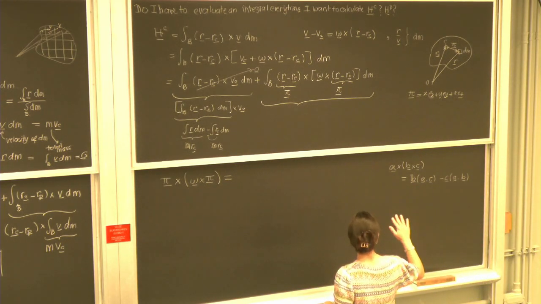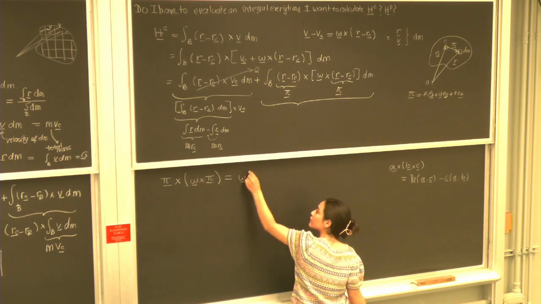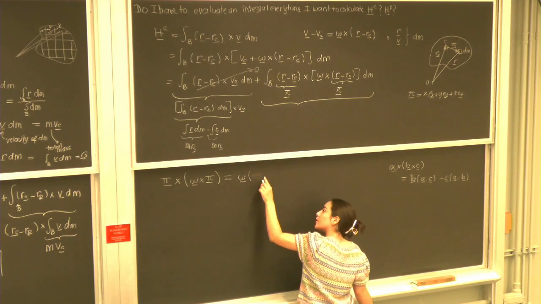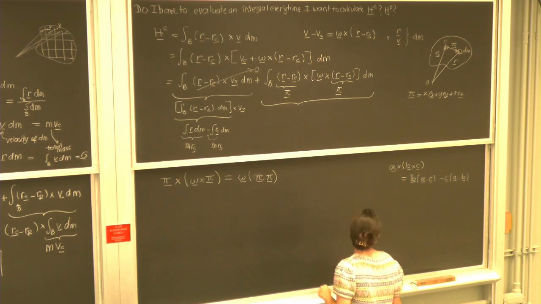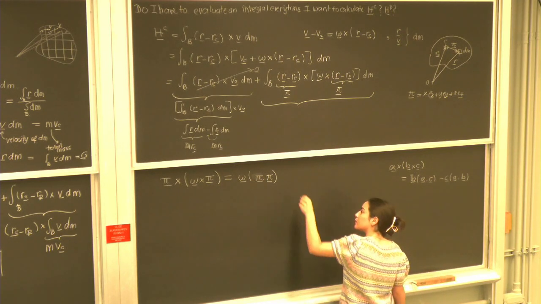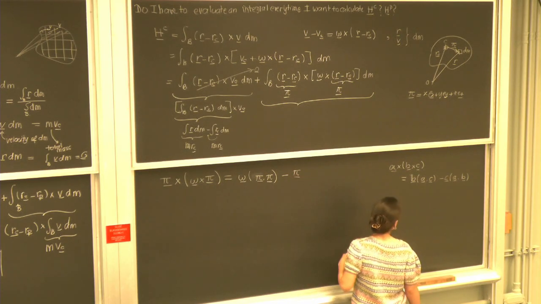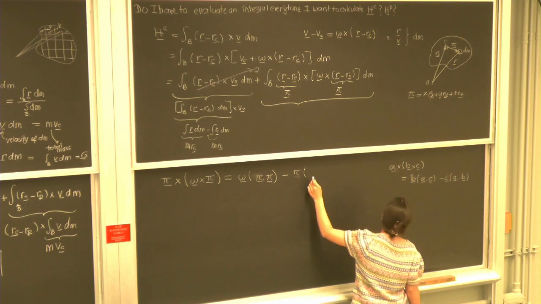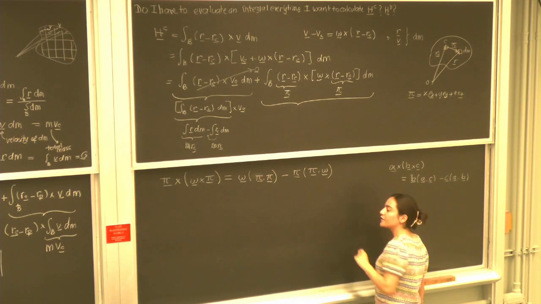Instead of having A cross B cross C, I can write B, which is omega, (A dot C), which is pi dot pi, minus C, which is pi, (A dot B), it's going to be pi dot omega. Is that right? Did I make any mistakes?